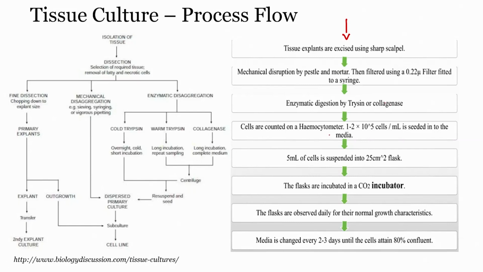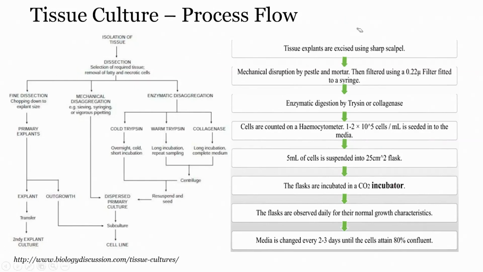Cells are counted on hemocytometer, right. And then 5 ml of cell is suspended in 25 centimeter square flask. The flasks are incubated in CO2 incubator, flasks are observed daily for the normal growth, media is changed every 2 to 3 days, till the cell attains 80% confluency, right. So, this is the process flow of a tissue culture.